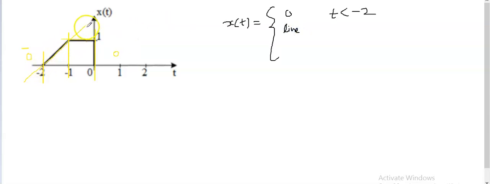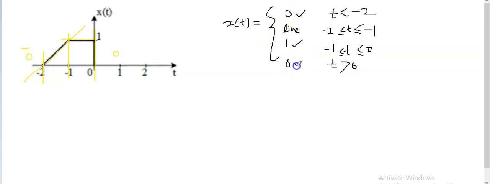When t is in between minus 2 and minus 1. And it is having a constant value 1 when it is between minus 1 and 0, and again it goes to 0 when t is greater than 0. So these are the 4 points of discussion.